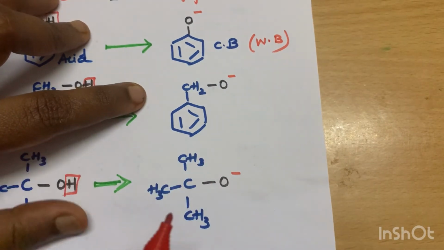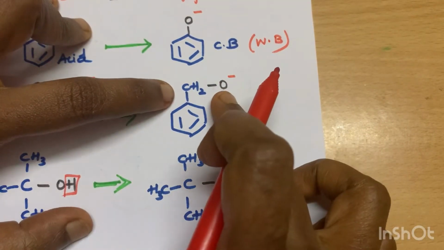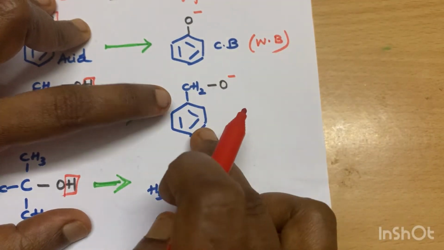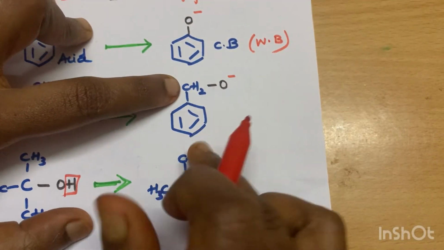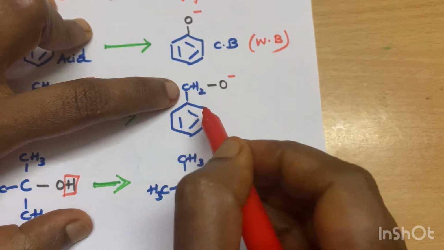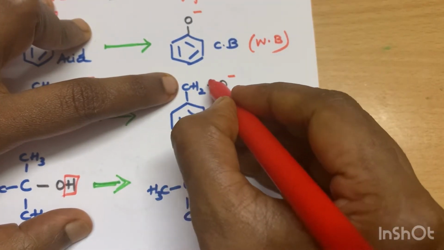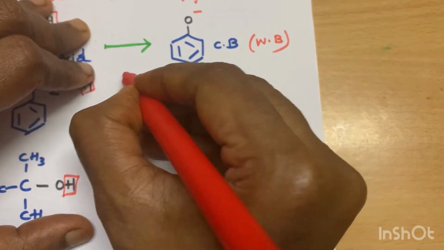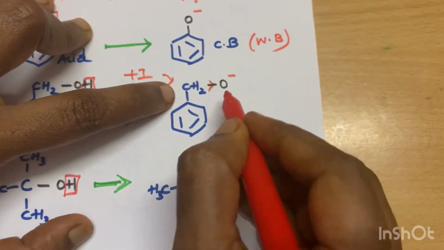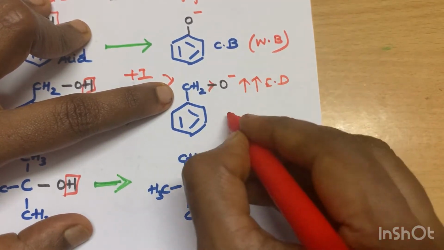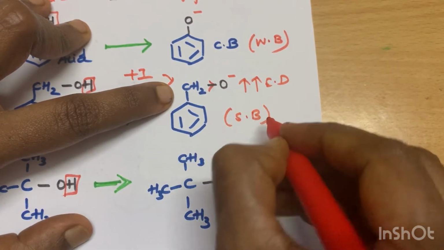And here, the oxygen is not directly attached to the phenyl ring, so the charge density cannot participate in resonance, because an intermediate sp3 carbon is there. We know the CH2 has a plus I effect, so it will donate electrons and increase the electron density, so it is a strong base.